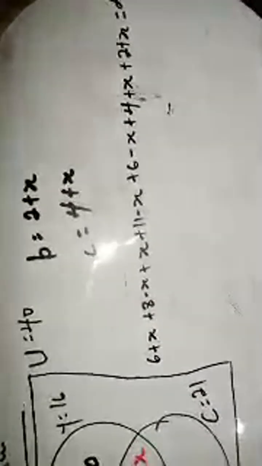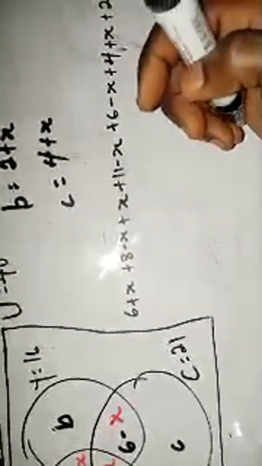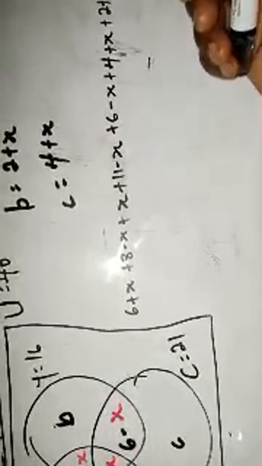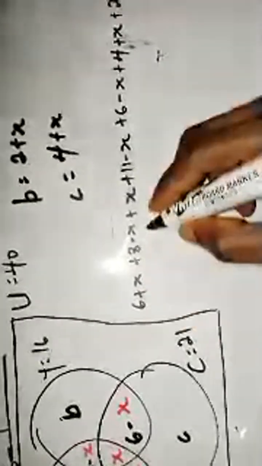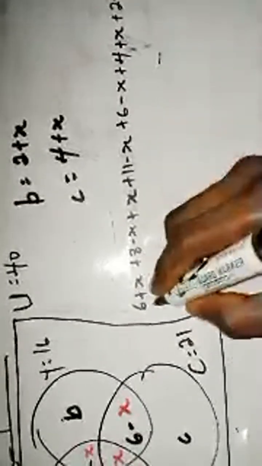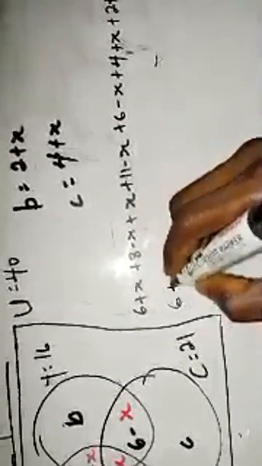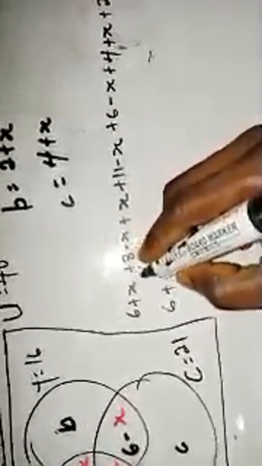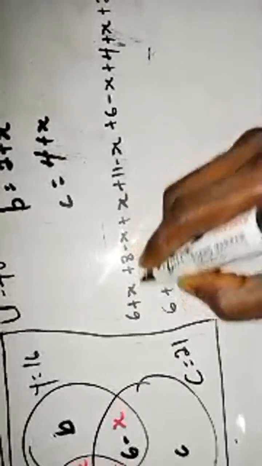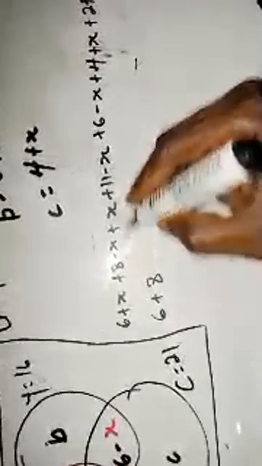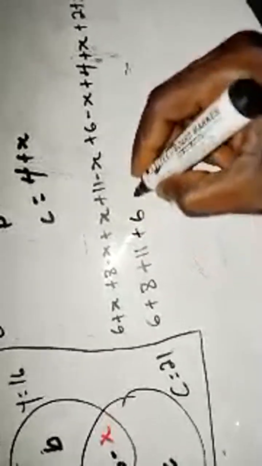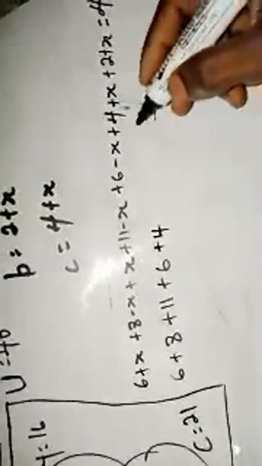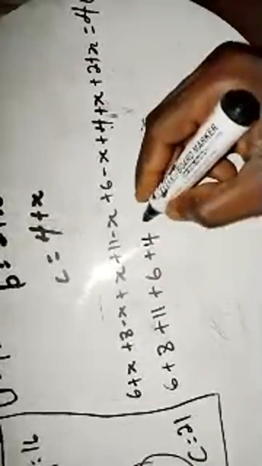So everything is equal to 40. You just have to do your calculation and then move on. If you want to avoid some mistakes, deal with the numbers and then let the variables follow. So you have 6 plus 8. Remember the sign in front of you is exactly what belongs to you. So you have plus 11, and then plus 6 plus 4, so plus this 4, and then plus 2.